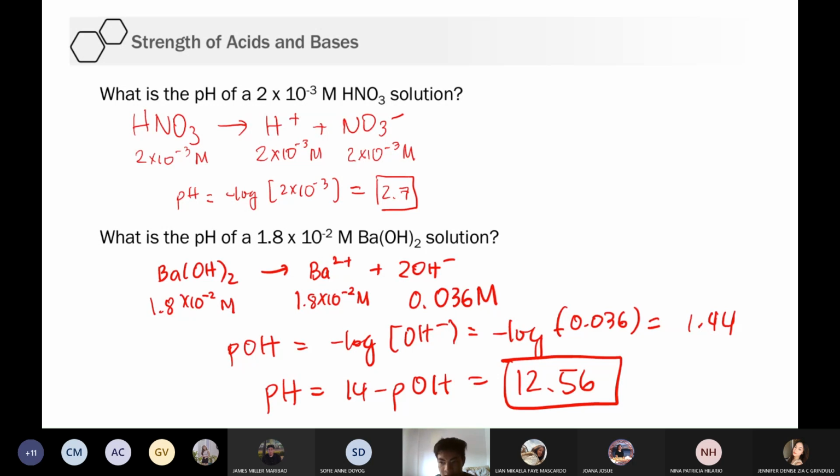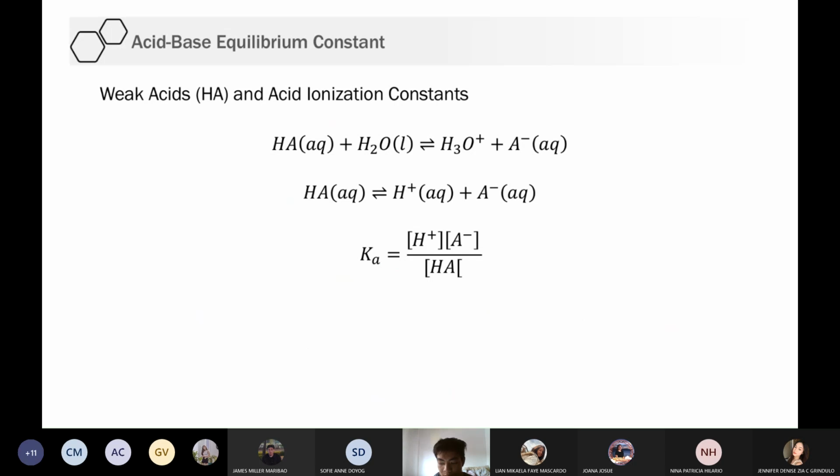What if weak acid yan or weak base? Then we have to utilize the equilibrium constant. Kailangan mo gumamit ng equilibrium constant na. Suppose we have a weak acid HA. When it dissociates into ions, it produces H plus and the anion A minus. Yung HA na yan, dummy chemical formula. Yung A, pwede mapalitan niya ng acetate ion, fluoride ion, etc. We usually tell HA as the weak acid.